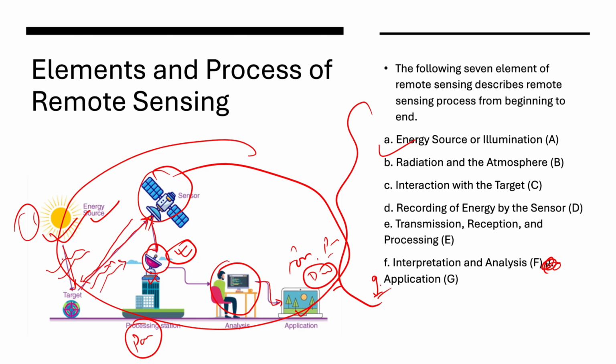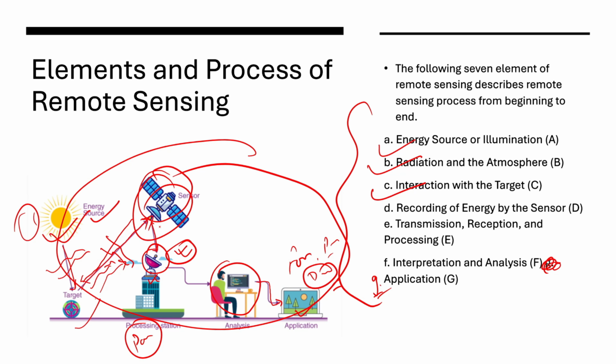Then the signals are transmitted toward the earth surface, and then the earth reflects the signal, and again it interacts with the atmosphere, and this is the interaction with the target. Then it again interferes with the atmosphere.